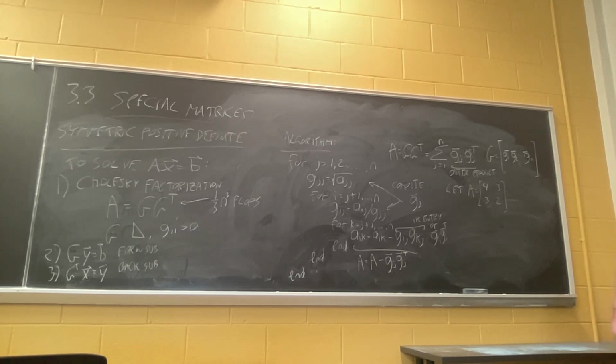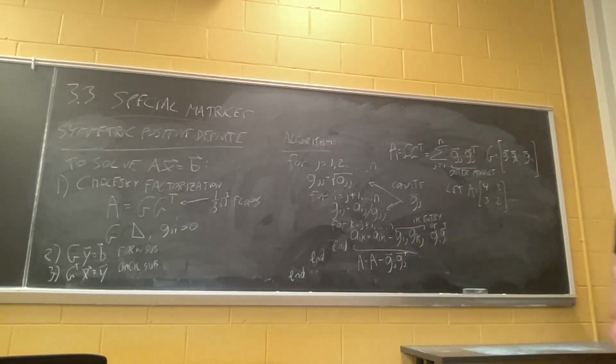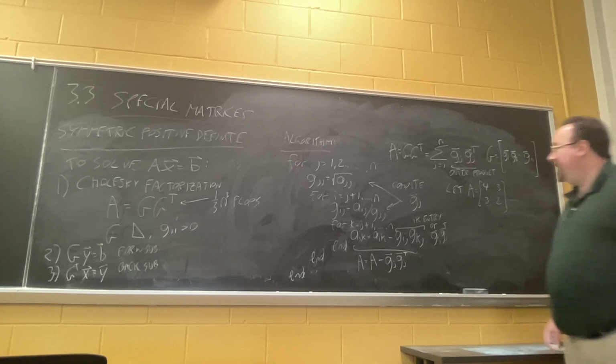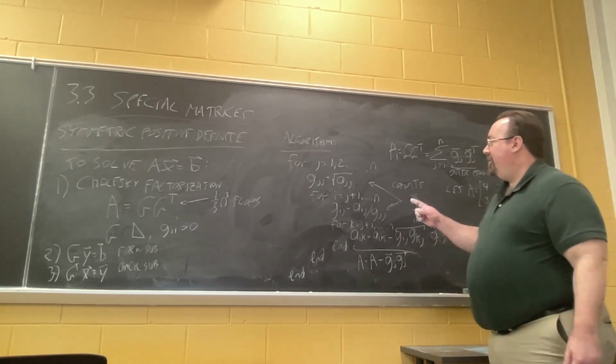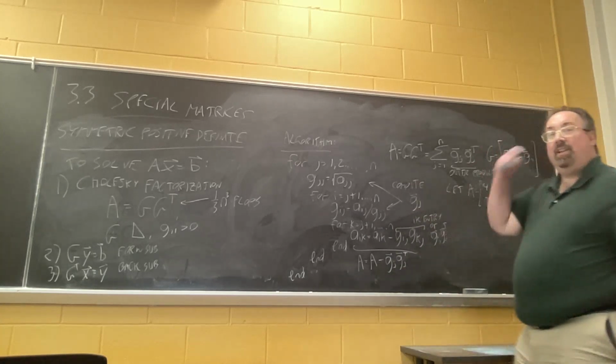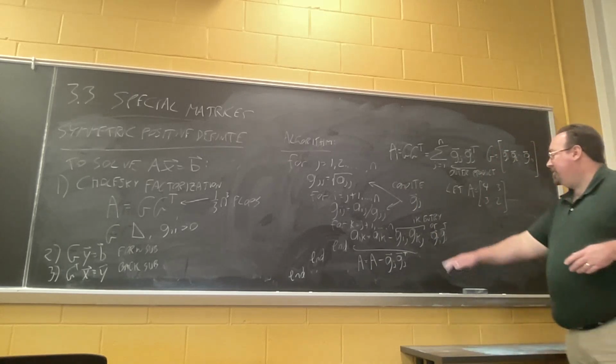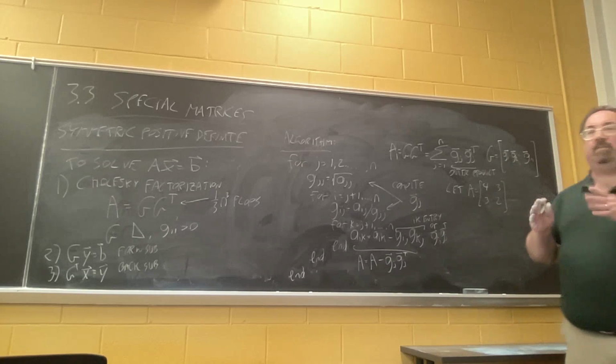So basically, we're whittling A down. Because to compute G2, we need to get G1 out of the way. The first row and first column of A come only from G1. So once we compute G1 and subtract off G1 G1 transpose, the modified A will have nothing in the first row and column.